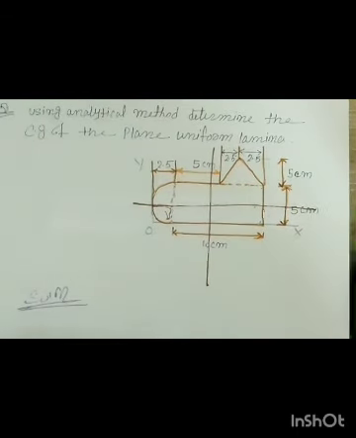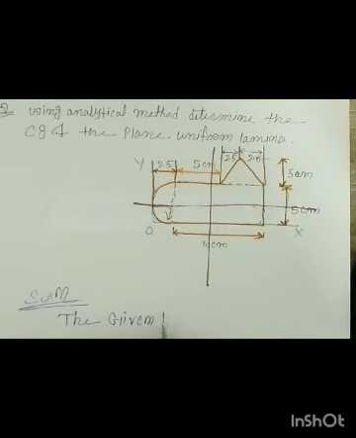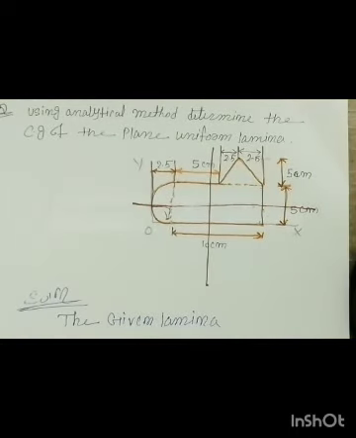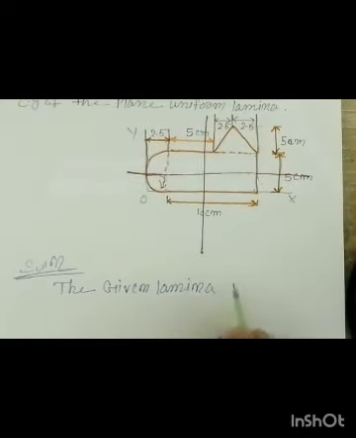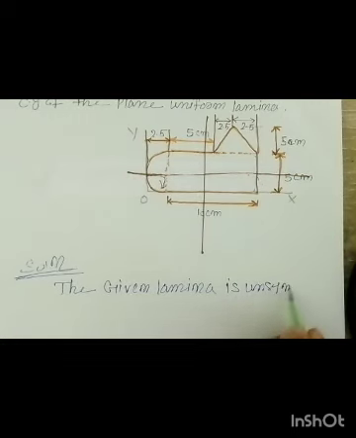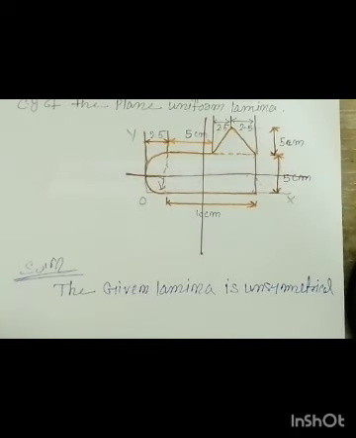You can say the given lamina is unsymmetrical. Unsymmetrical means what? It means that we have to find out the x as well as the y.